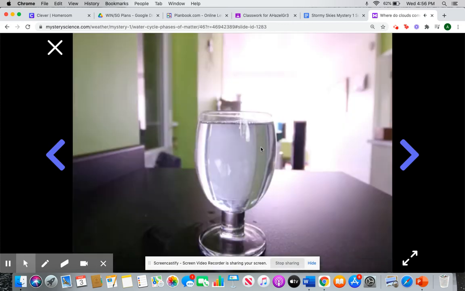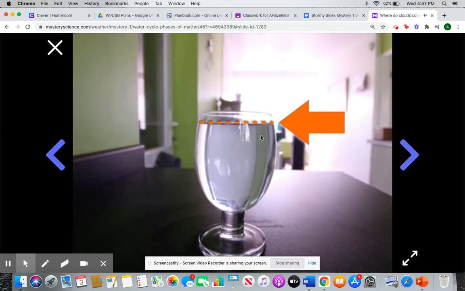Well, here's another sped up video you gotta see. This is an ordinary glass of water. You see the water level at the top? Now, let's watch what happens when this glass of water is left out on the counter for a few days. Notice what happened? The water level went down.